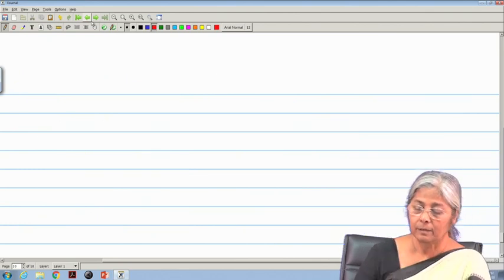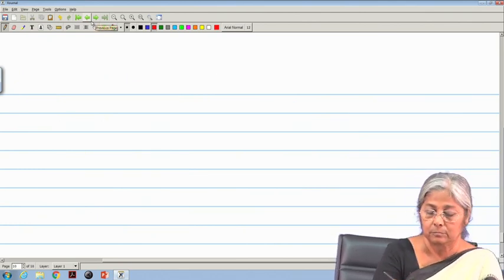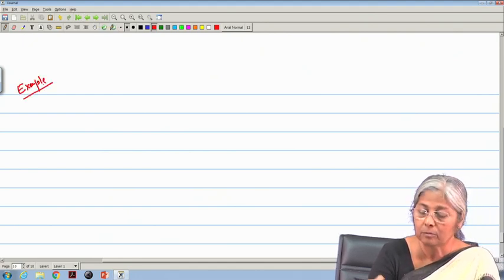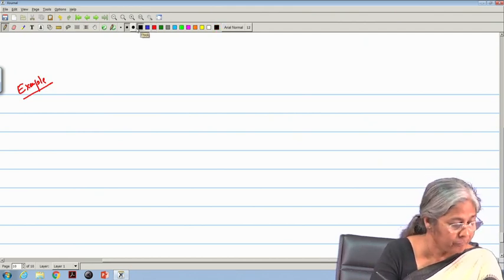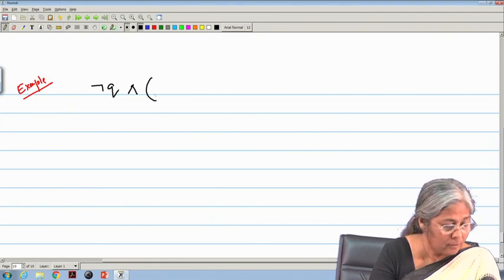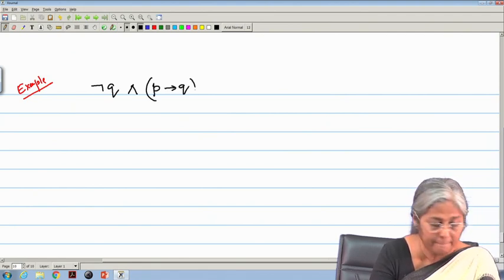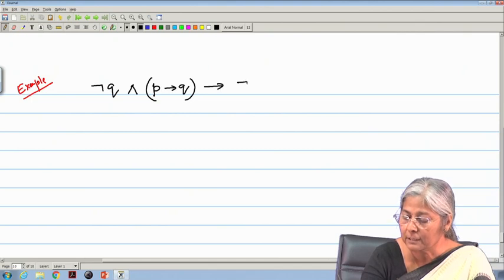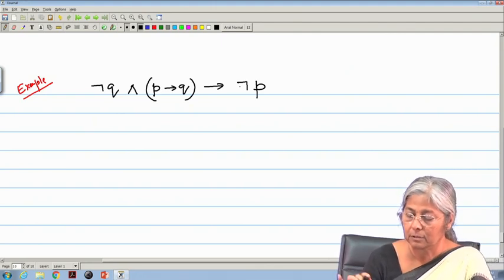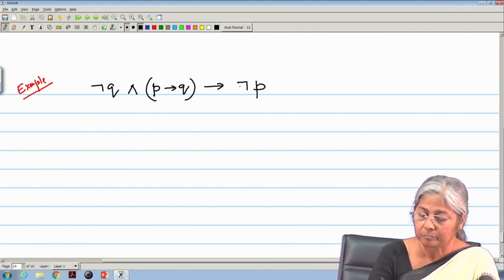Next we see another example. Now, we take the compound proposition negation q and p implies q implies negation p. As usual, p and q are primitive statements. Now, we see the truth table.